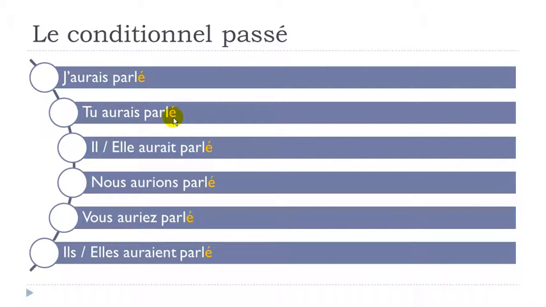So it won't change, it will stay like parlé, even if it's the singular, the plural, or the feminine. It doesn't change, so it will stay like parlé. All right?